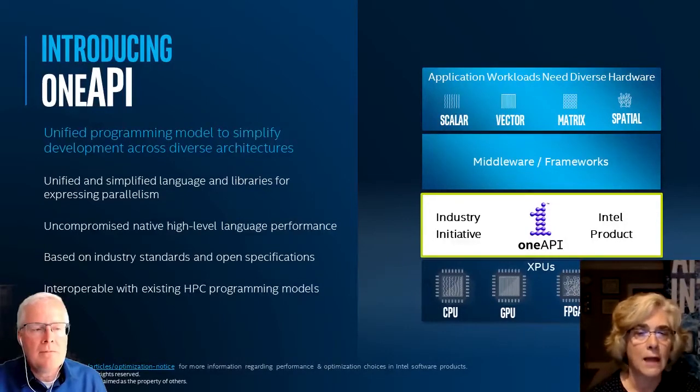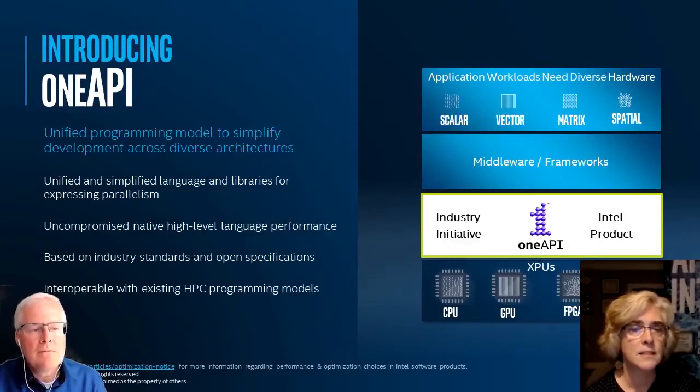Rather than, if I want to use a matrix-based architecture or a scalar architecture or some other type of architecture, having to learn a whole other language, for example CUDA or something else, this is the one place to go. You design your software and then you point it to different libraries depending on what you might want to be doing. You recompile and then you run.